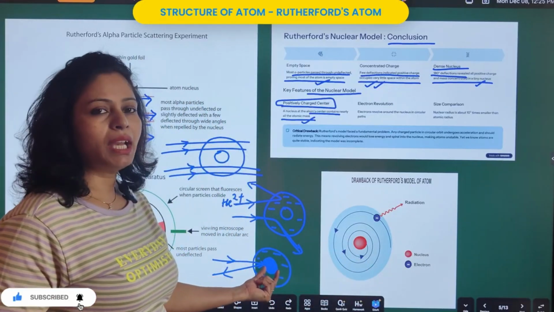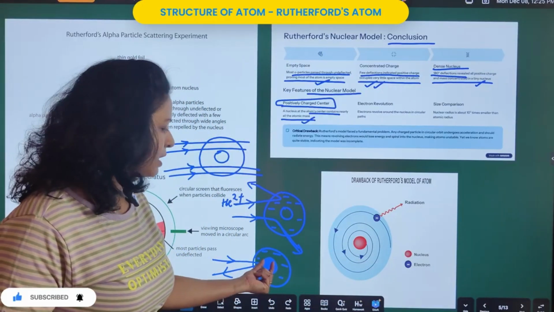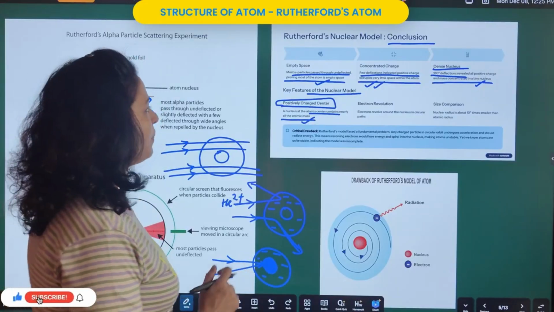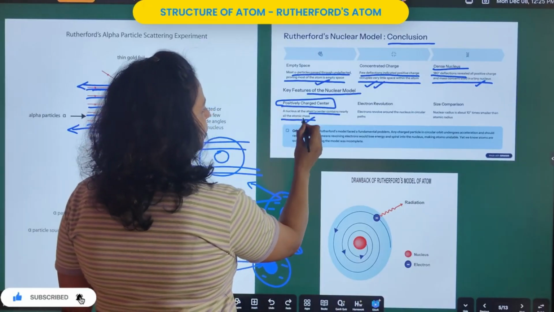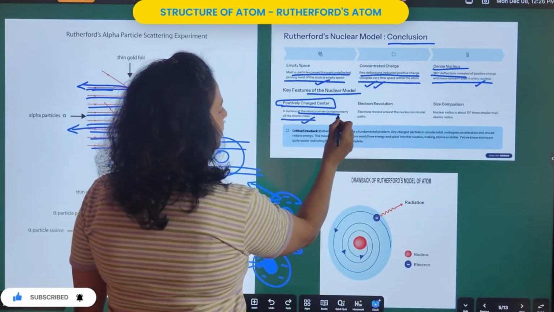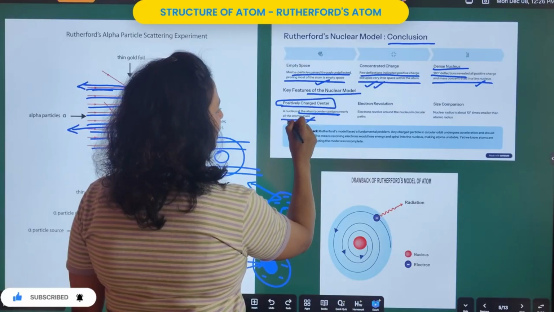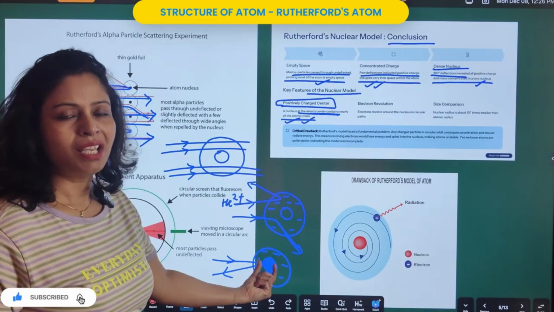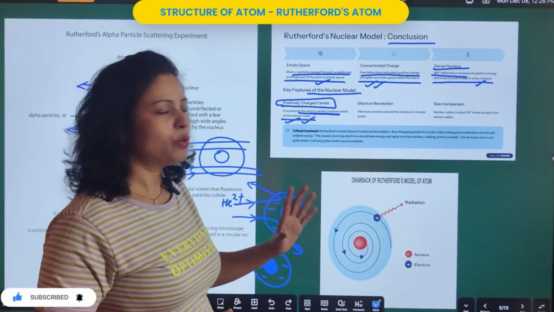So where is the mass of the atom concentrated? If the protons are present in the nucleus, the whole mass of the atom is concentrated in the nucleus only. So whatever atomic mass there is, it is concentrated in the center of the atom, that is, in the nucleus.